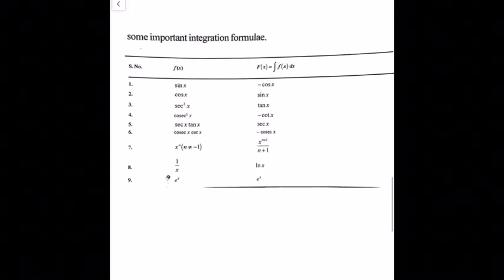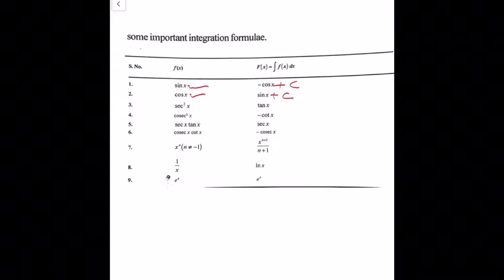Some important integration formulas. Suppose the function is given, sin x. After integration, we will get minus cos x plus c. Here c is the integration constant. Cos x after integration, sin x plus c.